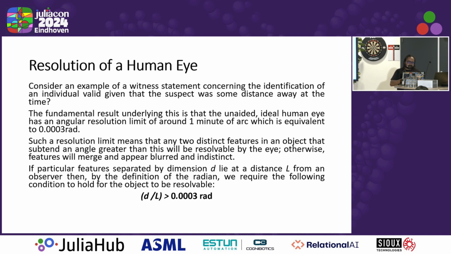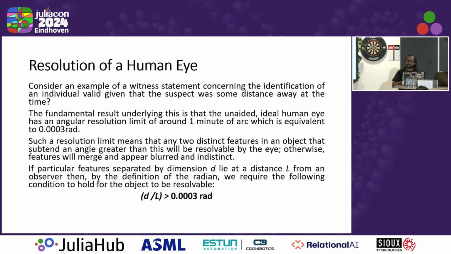The fundamental result underlying this is that the unaided ideal human eye has an angular resolution limit of around 1 minute of arc, which is equivalent to 0.0003 radians. Such a resolution limit means that any two distinct features in an object that subtend an angle greater than this will be resolved by the eye.